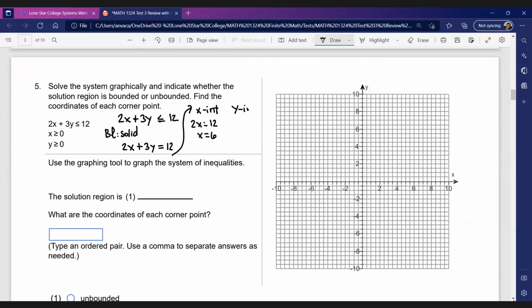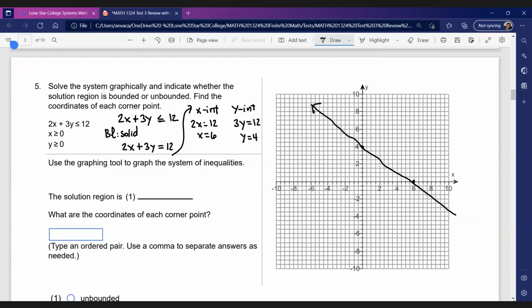The y-intercept of this line is 3y is equal to 12, dividing by 3, y is equal to 4. So we have 6 as the x-intercept and 4. So I am going to connect these 2 points with a solid boundary line.